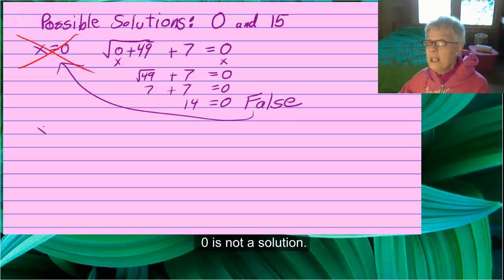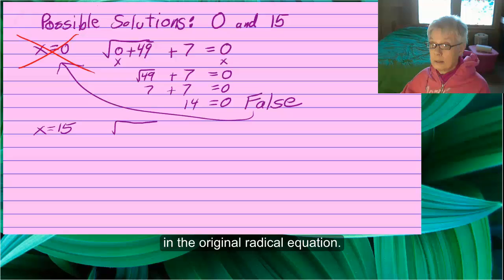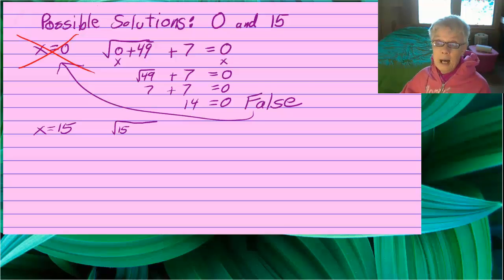Now that doesn't mean that 15 automatically is. We need to check 15 as well. I've solved problems where neither answer works. All right, we'll put 15 in for both the x's. The square root of 15 plus 49, plus 7 equals 15.